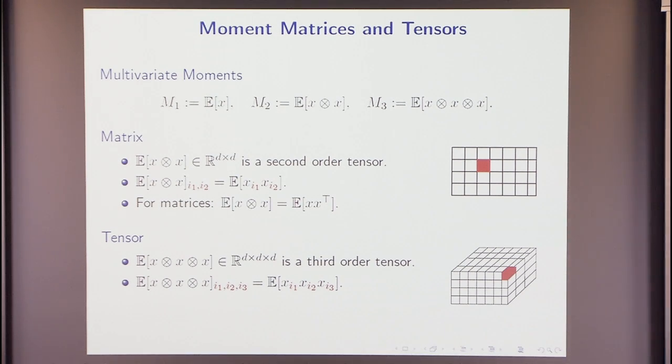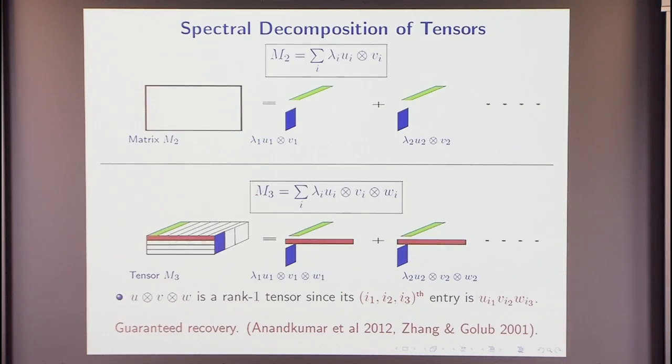And now the question is, what can we do with tensors? Right? So we can similarly define spectral decompositions similar to the matrix eigenvalue problem. For the matrix, we'd like to find the most compact sum of rank 1 terms that fits the matrix. Similarly for the tensor, the notion of a CP decomposition is to find the best decomposition of the tensor into a sum of rank 1 terms.